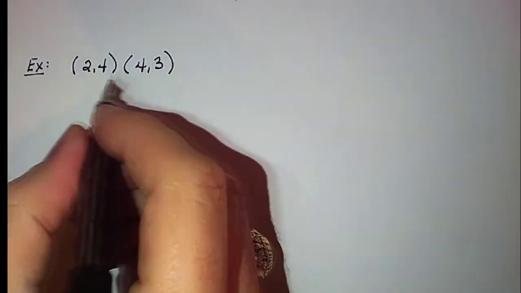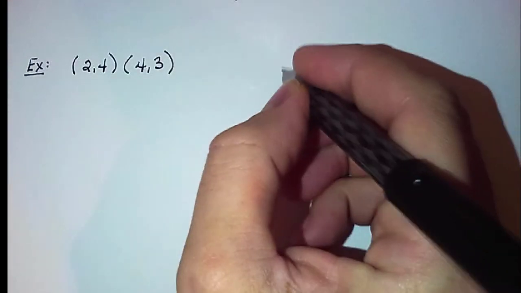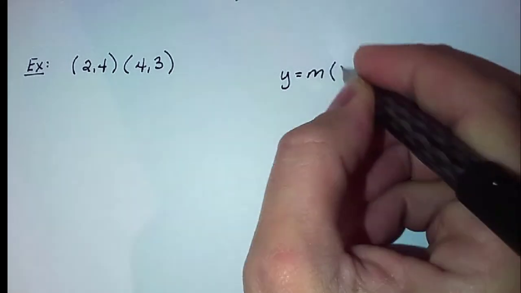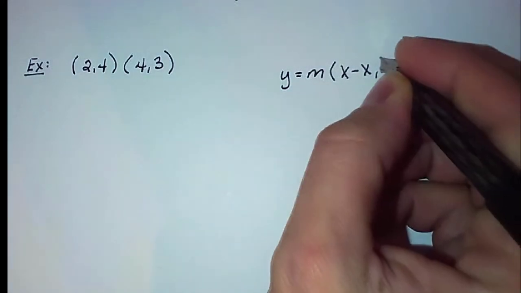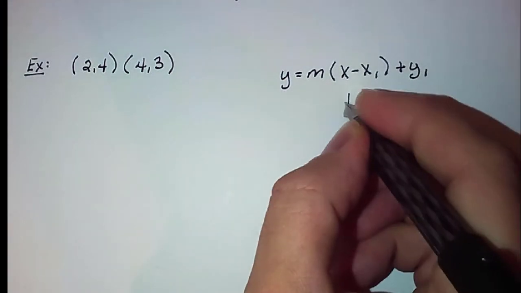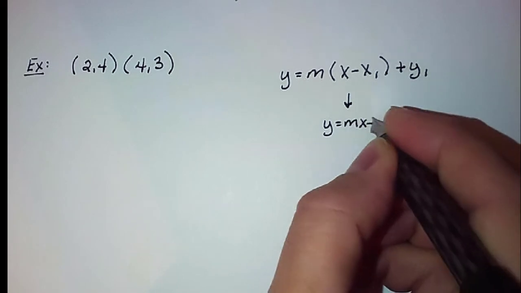Okay, so here we go. So we need to use this point slope formula. The point slope formula is y equals m times x minus x1 plus y1. That's going to give me, after I do a lot of work, y equals mx plus b. Okay, and that's what I want.